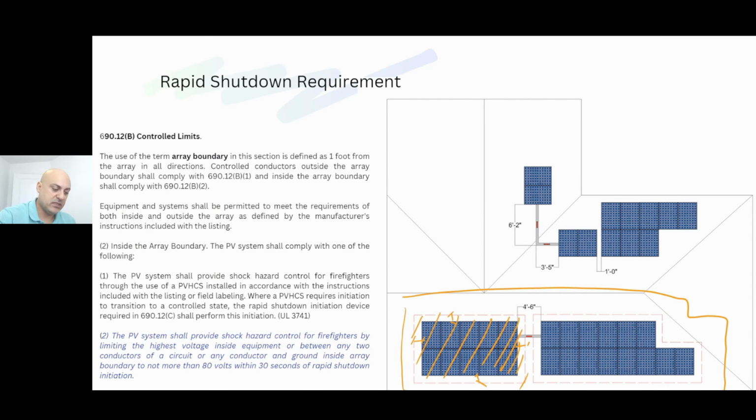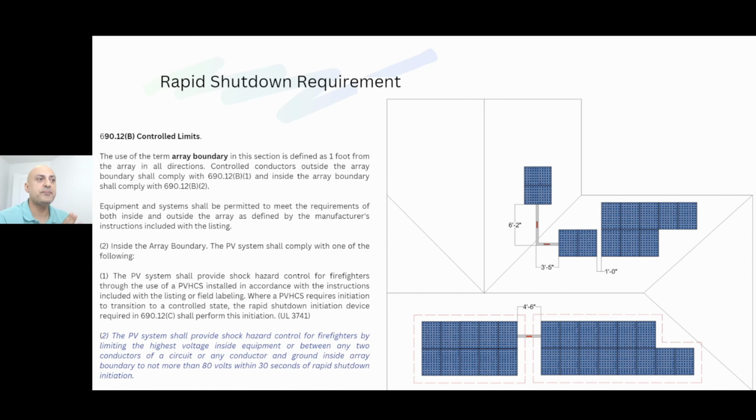What's important is that for the most common scenarios, the NEC requirement is that everything inside that array has to have that rapid shutdown requirement, and once it is initiated, it has to be no more than 80 volts within 30 seconds. It means I need to have an activation method to initiate that rapid shutdown, and usually it's the PV AC disconnect.